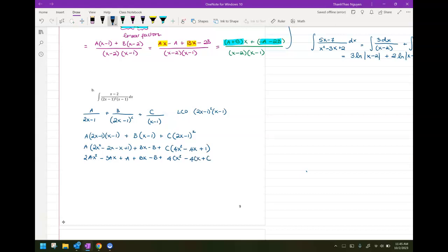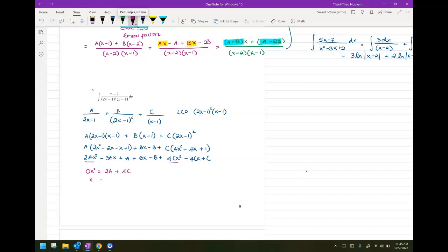Now we will group everything with x squared together, everything with x together, and the constant terms together. So for the x squared term, we get 0x squared equal to 2a plus 4c.